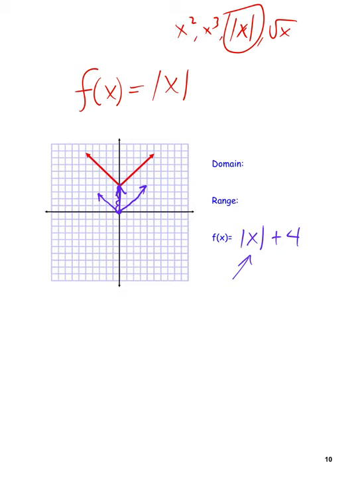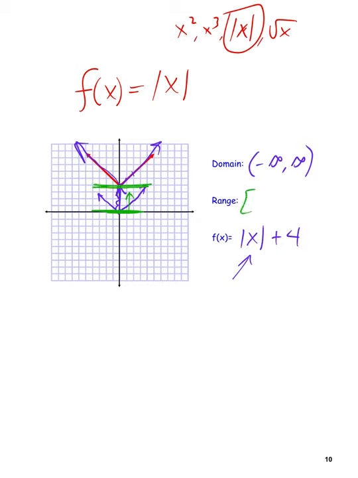Okay, and our domain again, as we look at the possible x's, well, if this keeps going that way and this keeps going that way, then the x's would be negative infinity to infinity. The y's, though, in this case, they originally bottomed out at 0 and then went up forever, okay, eventually. But now they bottom out at 4, okay?